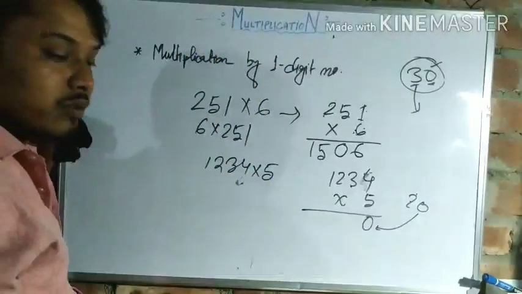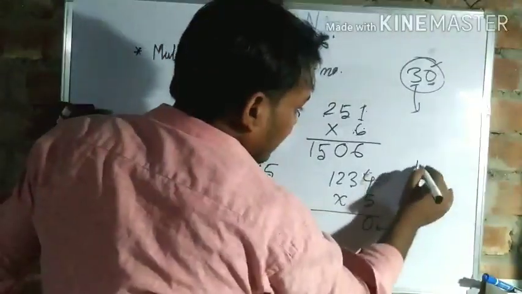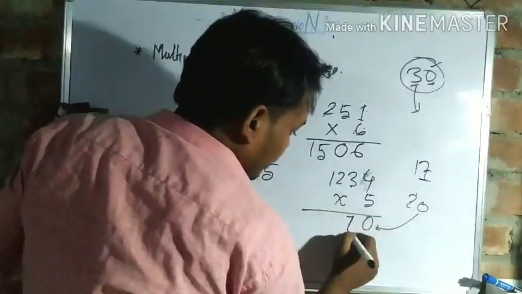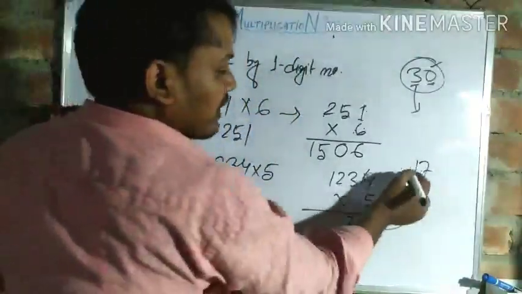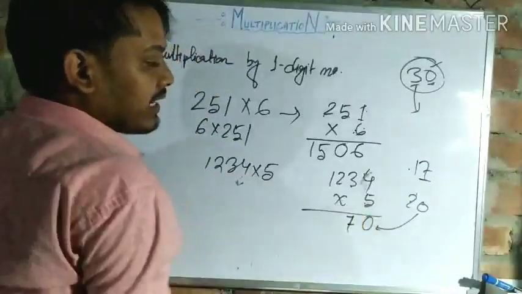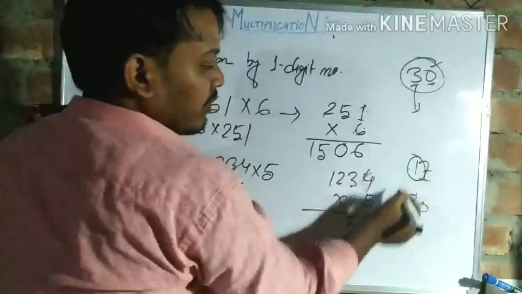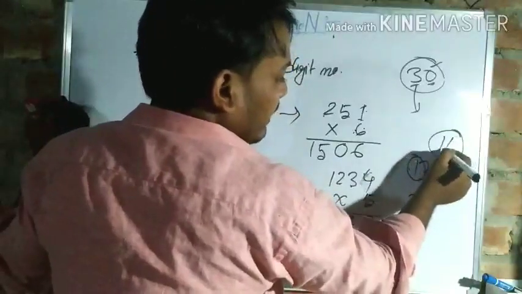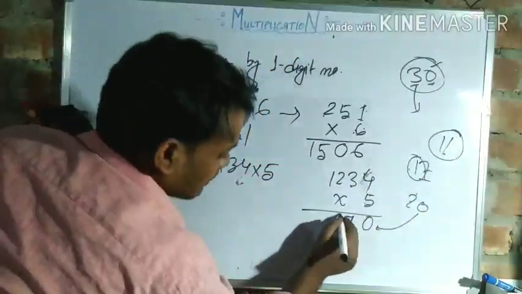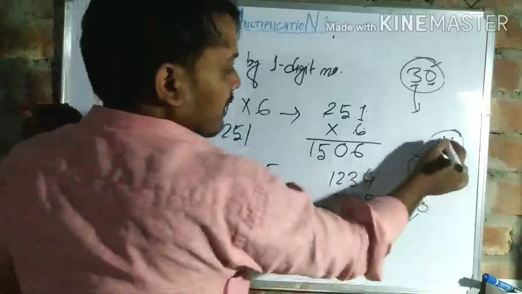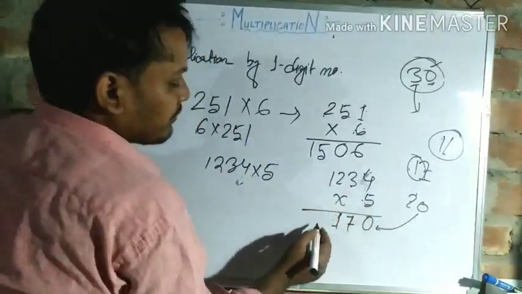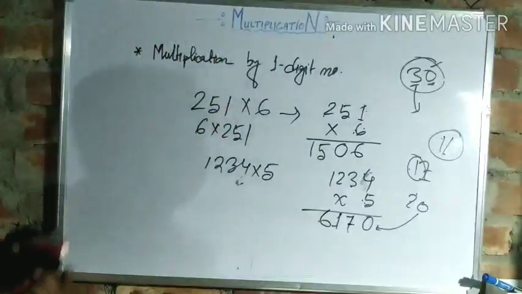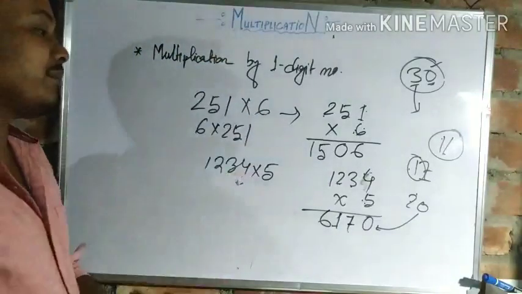So 15 plus 2 is 17. Again a two digit number, so 7 is written here and 1 is carried over. 5 twos are 10 and carry 1 is 11. Again a two digit number, so 1 sits here and 1 is carried over. So 5 ones are 5 and carry 1 is 6. In this way we multiply by a one digit number.